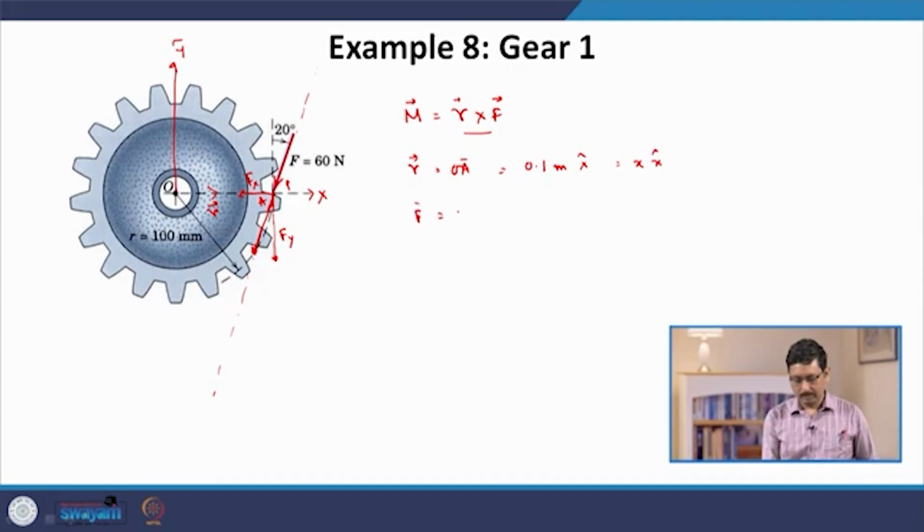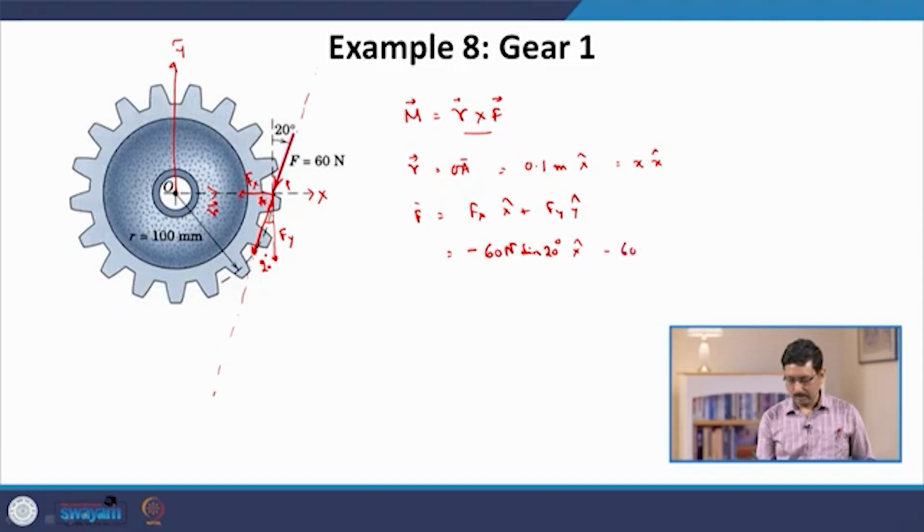Then F is Fx plus Fy, and this angle is 20 degrees. So, this must be minus 60 Newton sin 20 degree x hat, and minus 60 Newton cos 20 degree y hat. This minus signifies the direction.